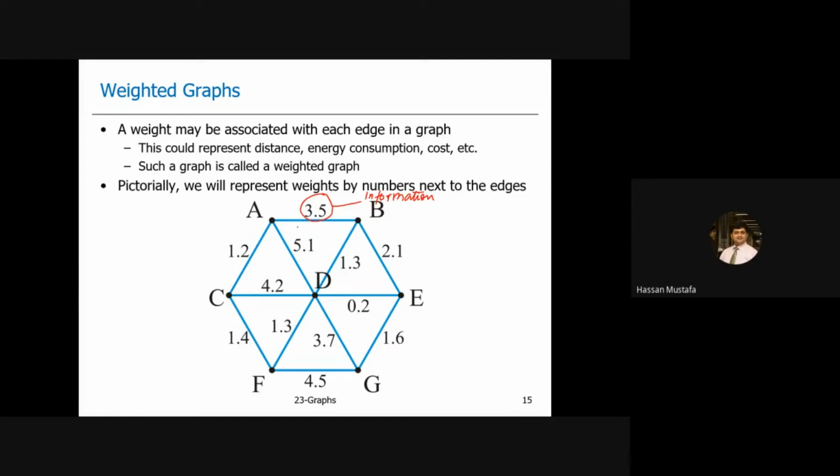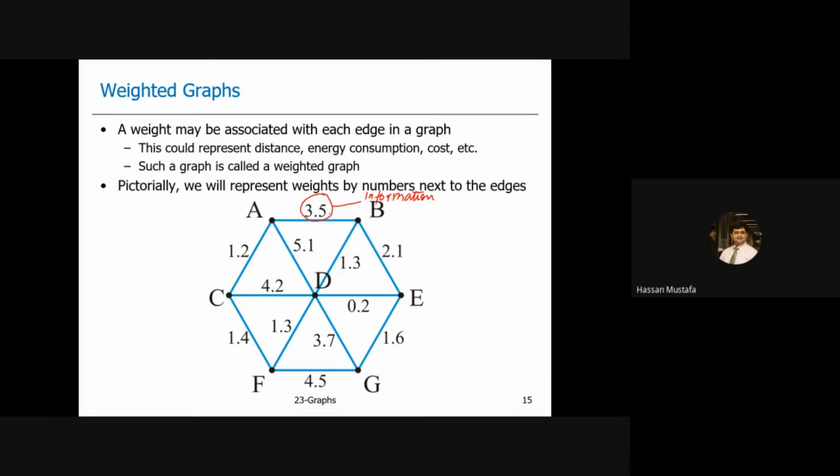Then we can say that A and B are maybe two specific points, and this is the energy consumption when we start from A and reach B. This is the fuel that we consume to reach from source A to destination B. Then maybe this is the overall cost, not just the fuel cost, but also the wear and tear of the vehicle as well. Maybe we have to take a lunch on the way. So this 3.5 may represent anything.